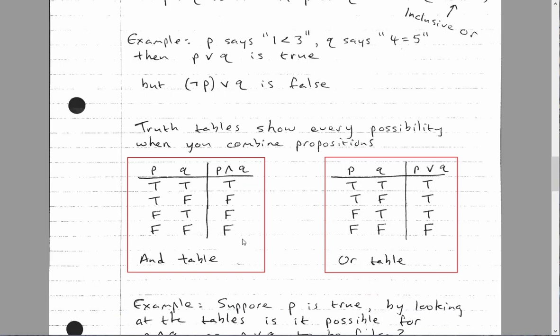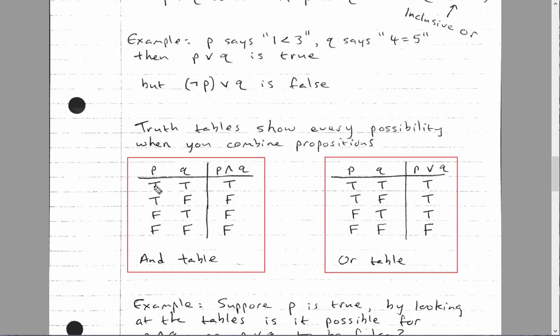A good way to see what's happening is using truth tables. Okay, so looking at all the possibilities. So here's the truth table for conjunction, for and. So this looks at the different cases.